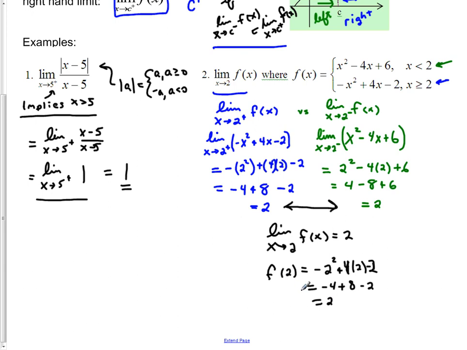And so since f of 2 is equal to 2, and the limit as x approaches 2 of f of x is equal to 2, we know that the limit as x approaches 2 of f of x is equal to f of 2, and therefore we could also add one other item here, even though we weren't asked, that f of x is continuous at x equals 2. Very interesting.